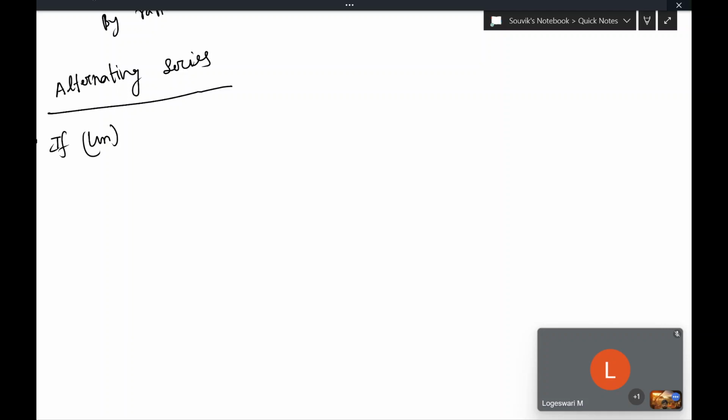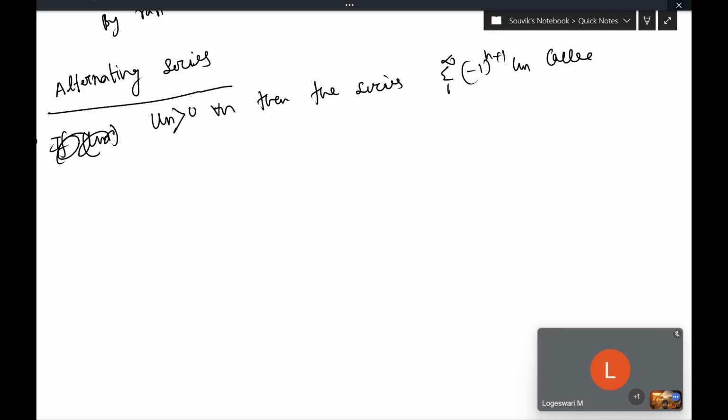If u_n is greater than 0 for all n, then the series summation from 1 to infinity of (-1)^(n+1) u_n is called an alternating series.